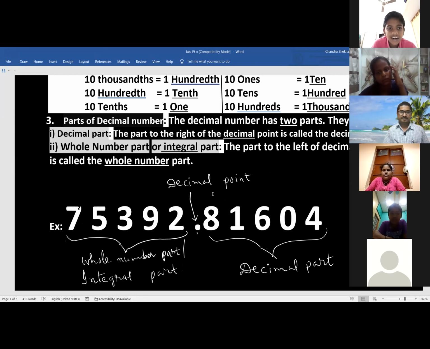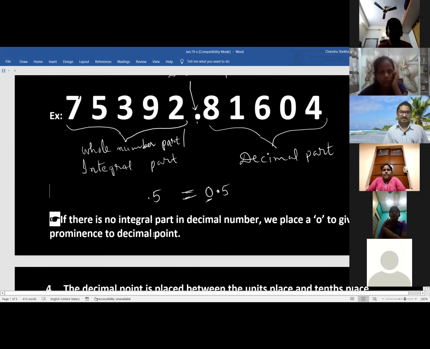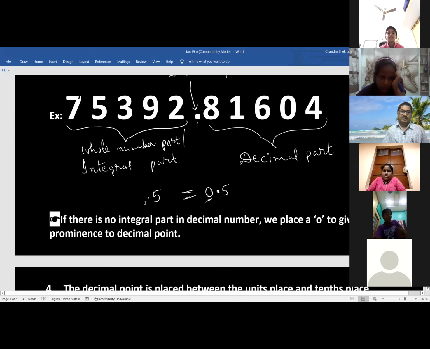Sir, I did not understand, if there is no integer part in a decimal number. Suppose there is 0.5, we should put a 0 to give prominence to the decimal point.